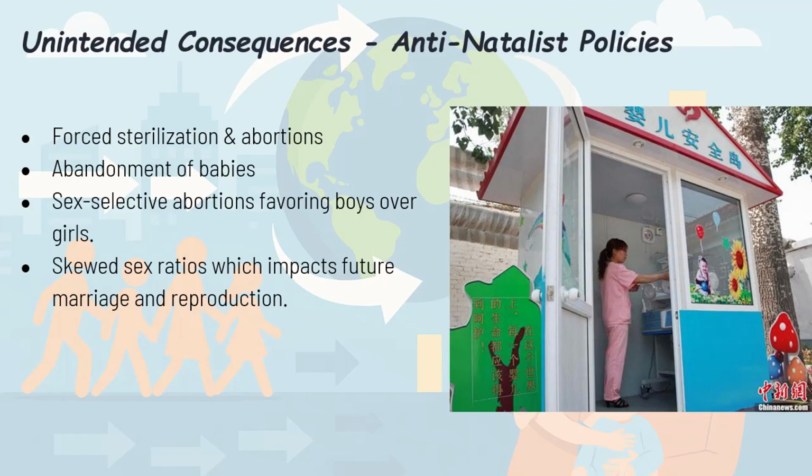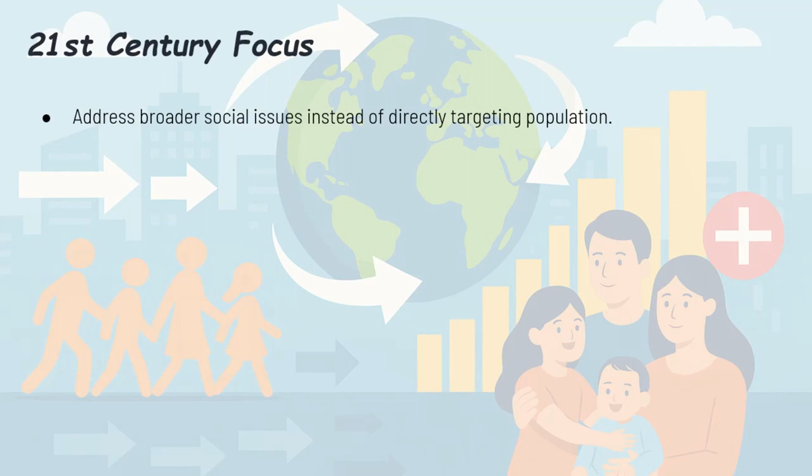Over time, countries realized that maybe the real answer wasn't just about controlling how many kids people had, it was about fixing the bigger issues behind population change. And that's where our modern, 21st century focus comes in. Now, fast forward to the 21st century, and you'll notice a major vibe shift in how countries think about population policies.